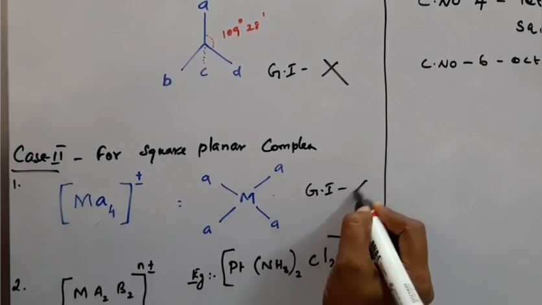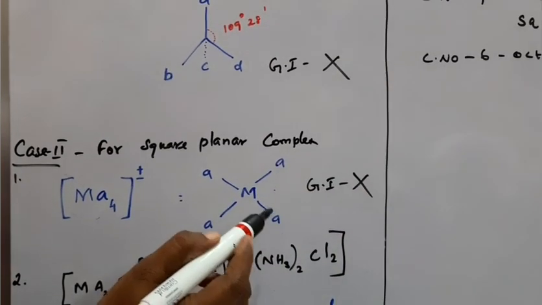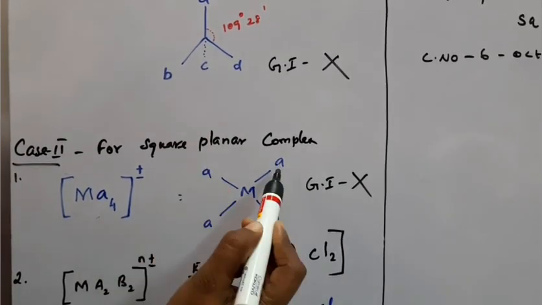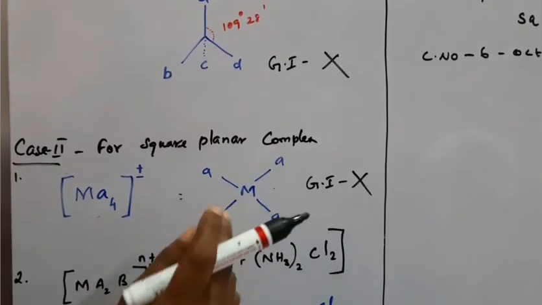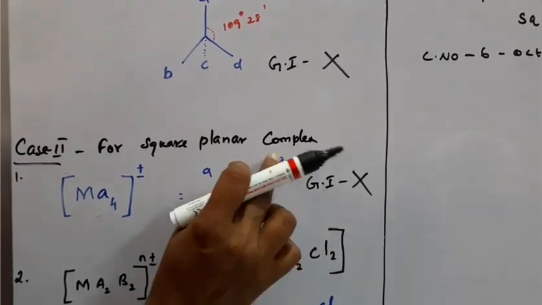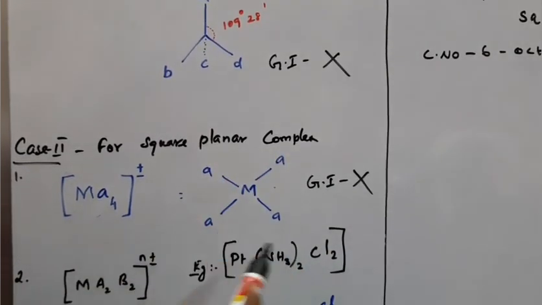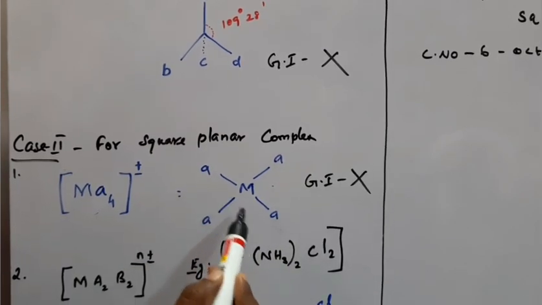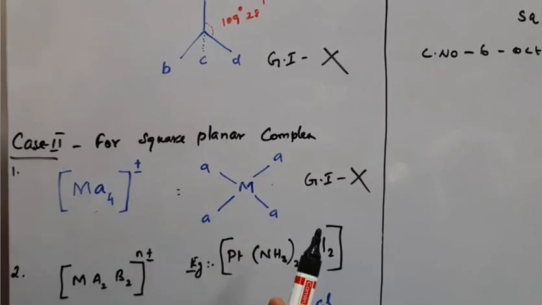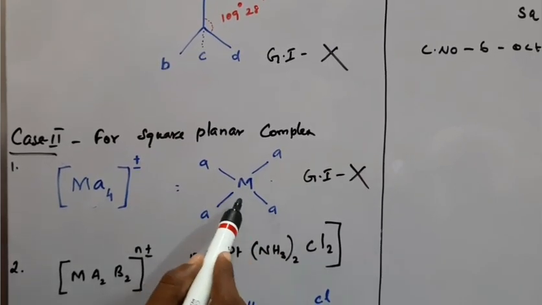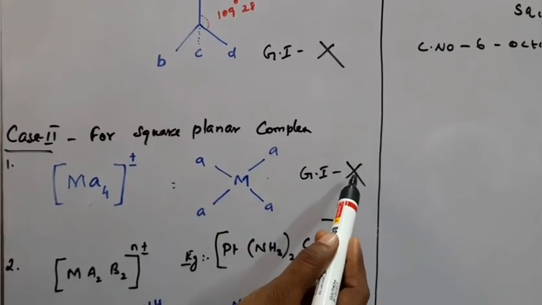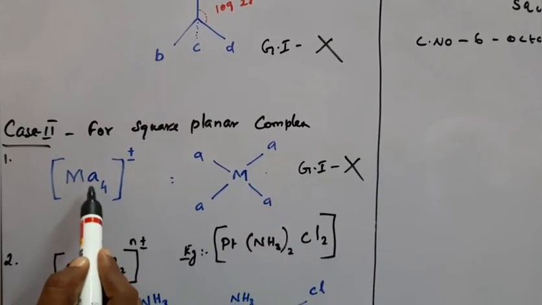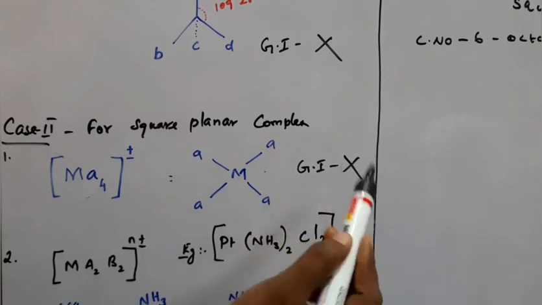Here also, no, because suppose we flip this, this A goes there and this A comes here. The adjacent positions are the same, so the ligands are the same. When we rotate this type of ligands, there is no spatial difference. So for this case also, same-type ligand or homoleptic complexes will not show geometrical isomerism.